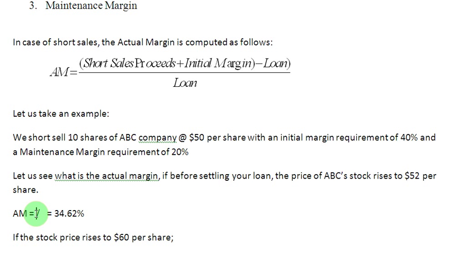We start a bracket, and inside we write the short sales proceeds, which we know is $500 because we are short selling 10 shares at $50 per share. To that we add the initial margin, 40% of $500, that is $200. From that we subtract the value of our loan.